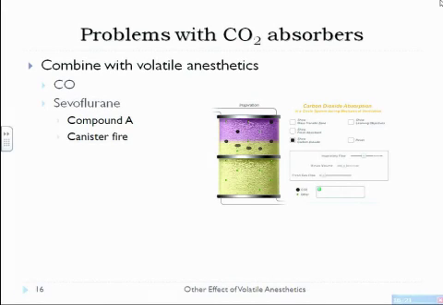The downside to that is it depends on the water vapor pressure inside the system. It has to be wet for the dye to work properly. So if you have a dry breathing circuit line or a dry CO2 absorber, this purple color will convert back to its initial white appearance.